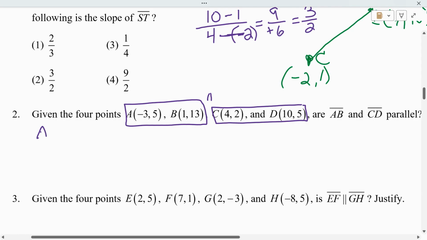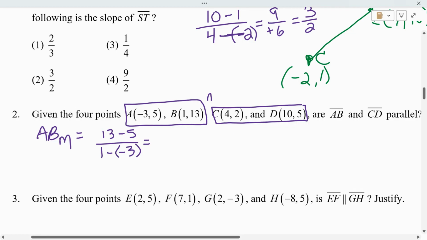So let's see, segment AB, the slope equals 13 minus 5 over 1 minus -3.